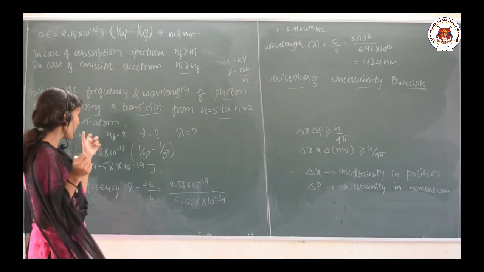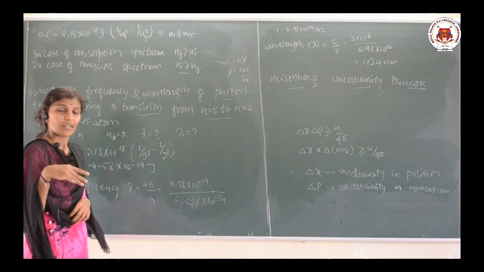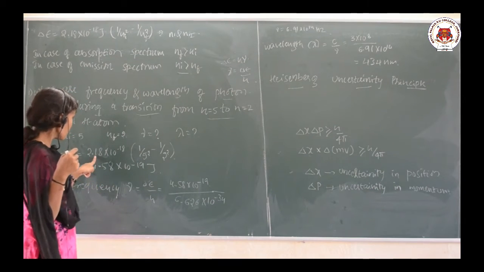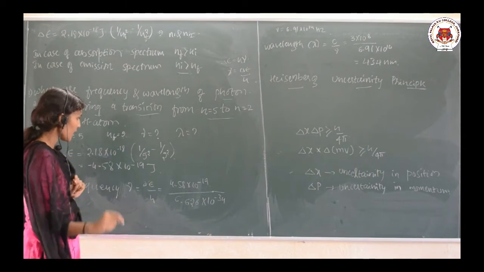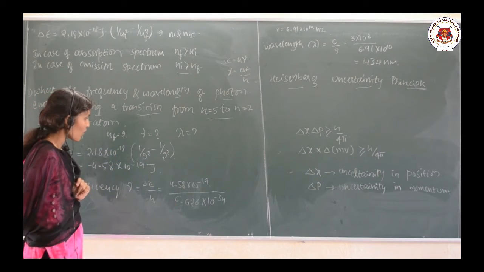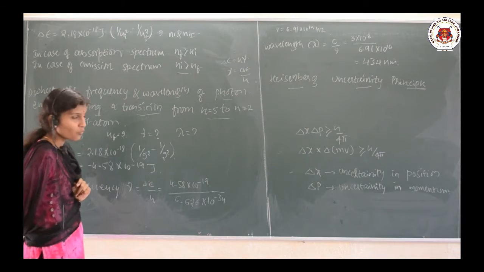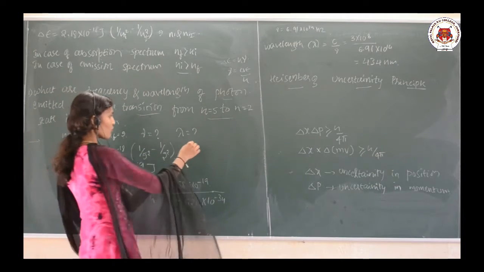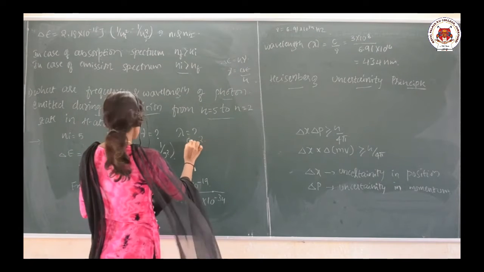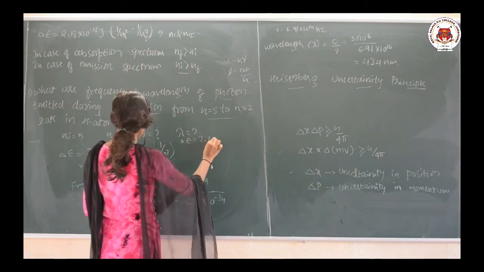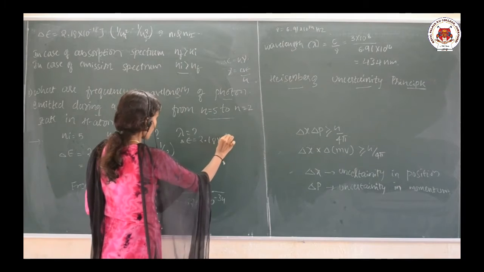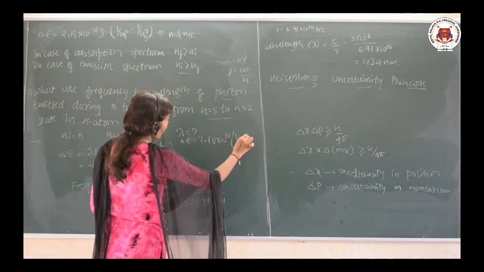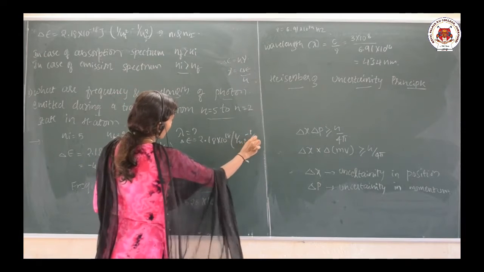They have given Ni and Nf value. By using that, I can find out delta E value. So 2.18 into 10 to the power 18 into bracket 1 by 5 square minus 1 by 2 square. And before writing this step, you can write one more step, that is the formula, delta E is equals to 2.18 into 10 to the power 18 into bracket 1 by Ni square minus 1 by Nf square.